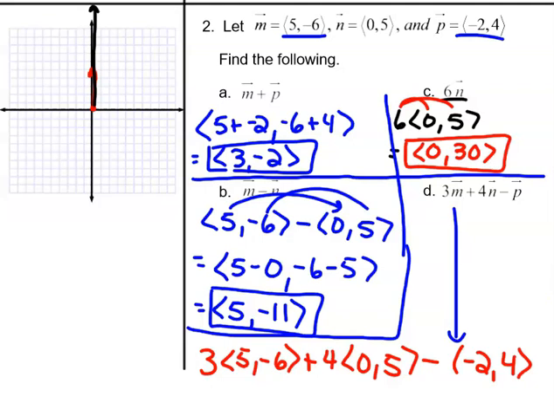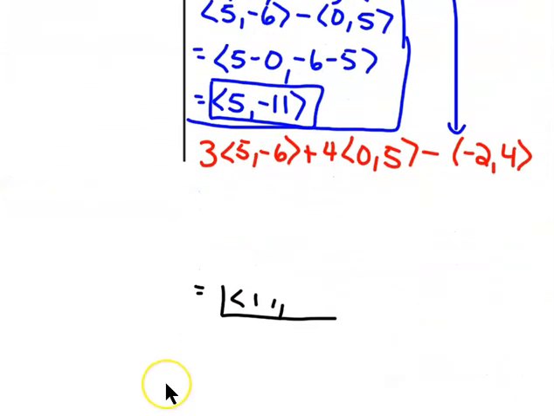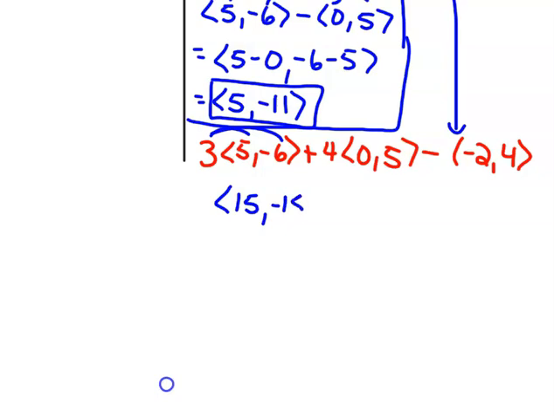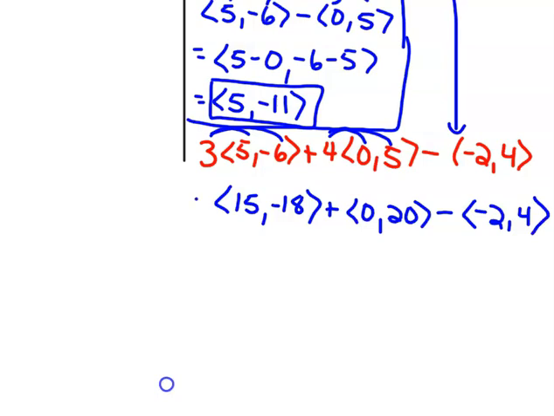Just like order of operations, we want to do multiplication and division before we add and subtract. So we're going to do this scalar multiplication, which is really distributing. 3 times 5, 3 times negative 6, 4 times 0, 4 times 5, and then the p stays the same.